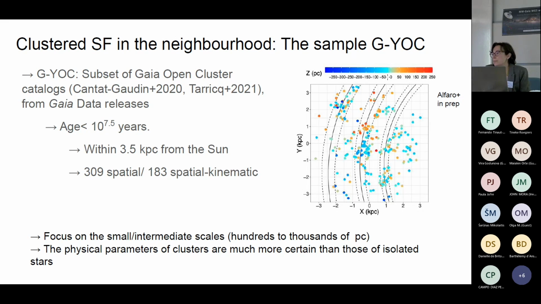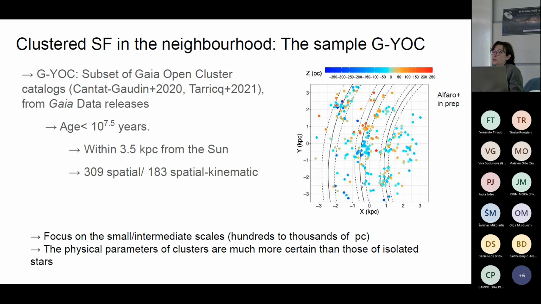We use a sample of young open clusters. So we use a subset of the clusters detected by Cantat-Gaudin and Tarricq, but we have selected the youngest and within the extended neighborhood from the Sun. This is the sample in the galactic plane and with the height in colors.